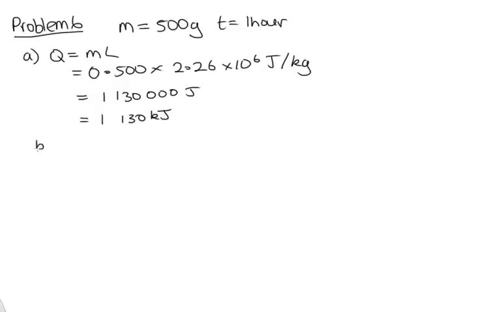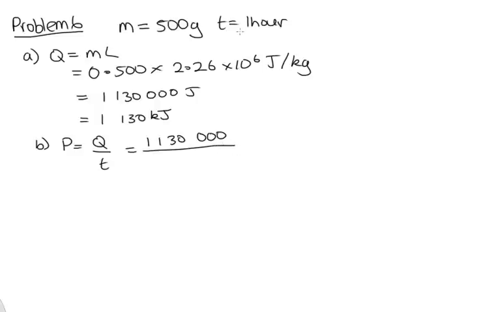In part B of the question, we're asked what is the rate of energy loss or power due to the evaporation of sweat. So the rate of energy lost, the power, is equal to energy over time, which energy is in the form of heat in this case, so it's Q over T. So this is 1,130,000 over the time.